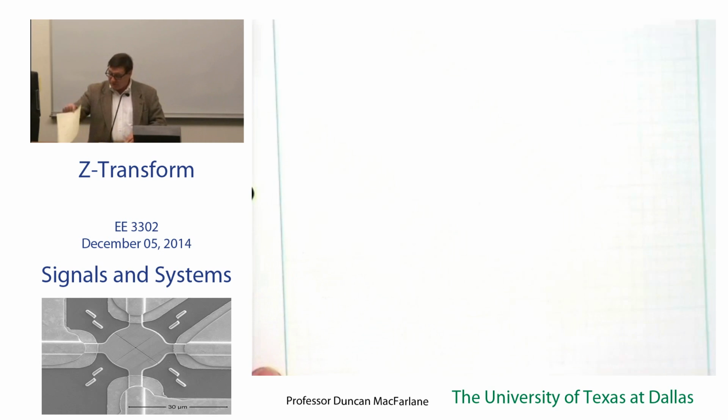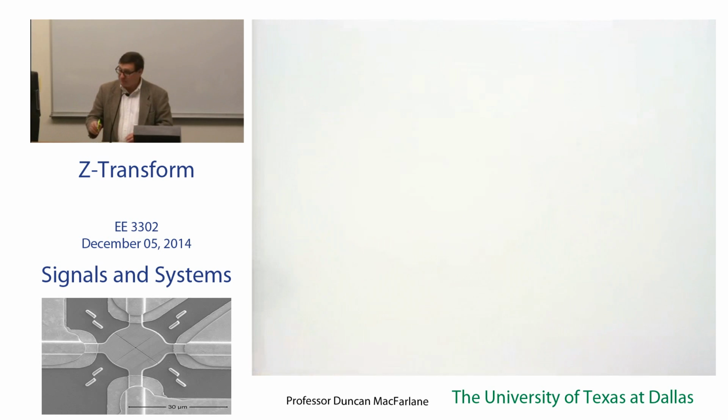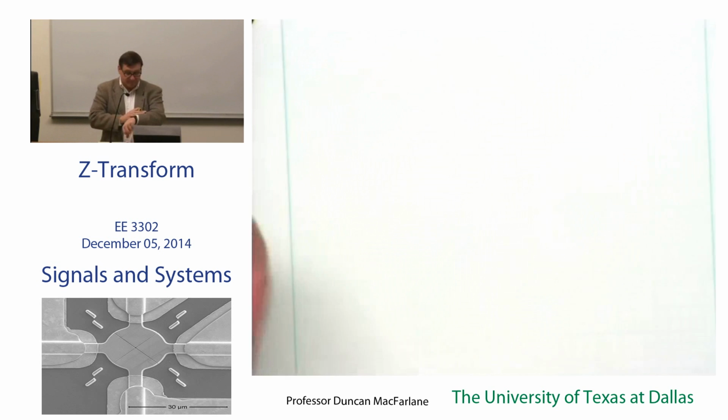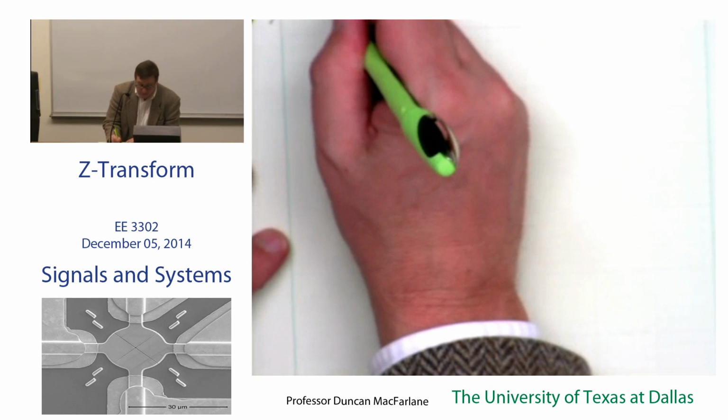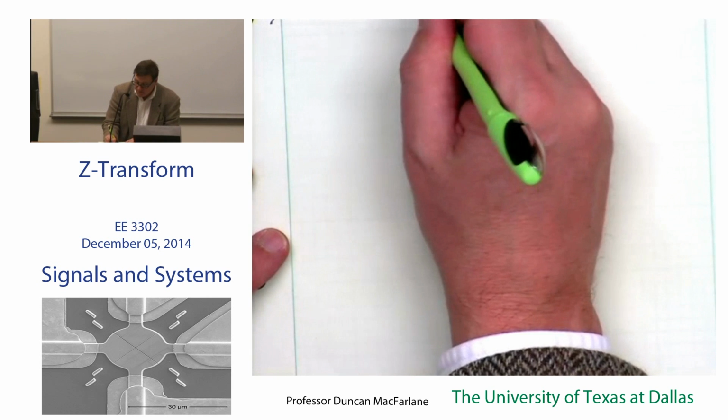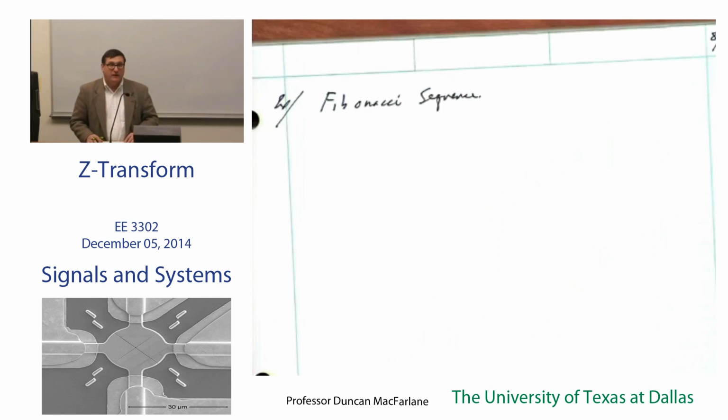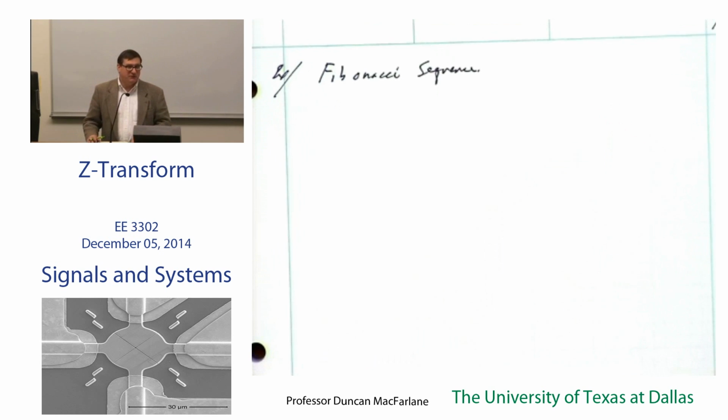Okay, so let's do a quick example. I don't know if you've heard of or remember the Fibonacci sequence. It's one of these fun little math facts that engineers and mathematicians remember, and the rest of the public doesn't. It's a fun little toy problem. It shows, for example, the reproduction of fruit flies in a petri dish.